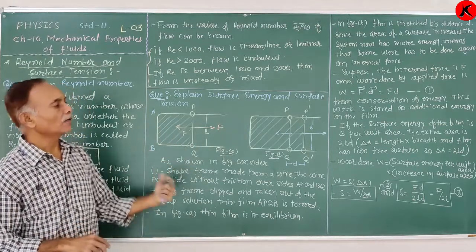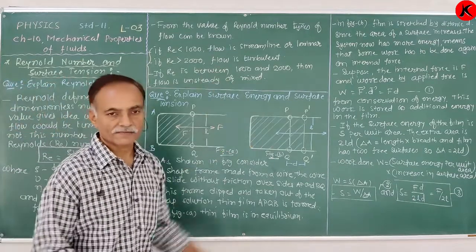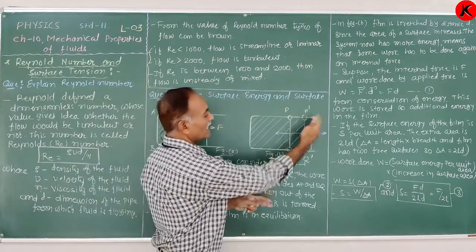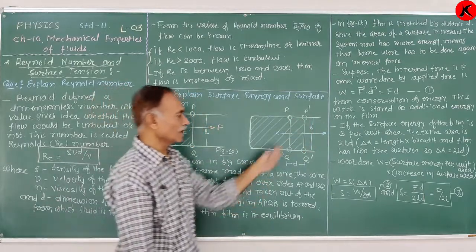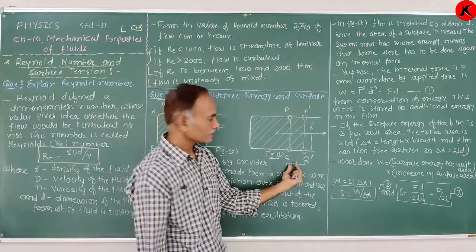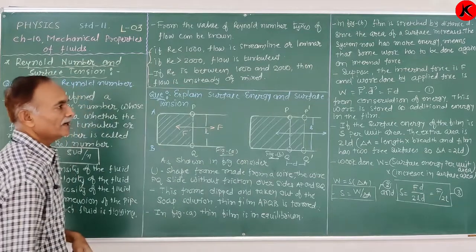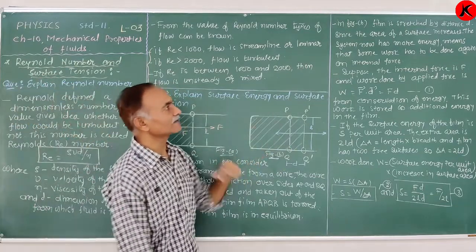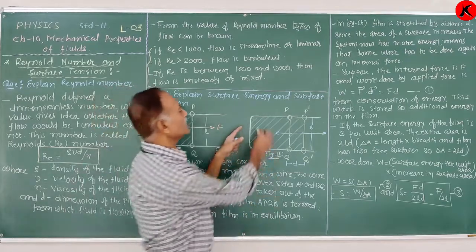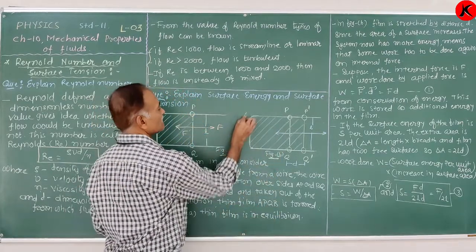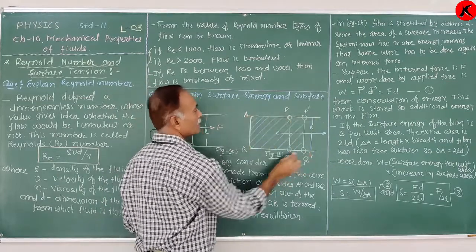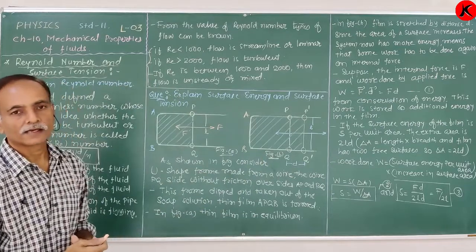Clear? Now, in figure B, what has happened? We apply slightly more force, and the wire PQ is displaced by distance d. That means in figure B, the film is stretched by the distance d. The area of the film increases. Instead of APQB, it now becomes AP'Q'B.